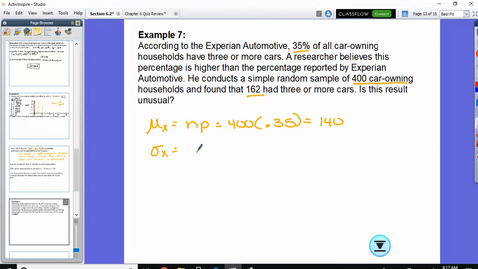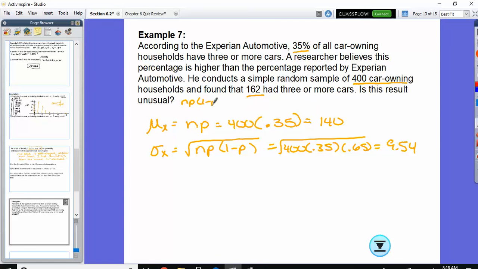Okay. Our standard deviation is the square root of n times p times q, or 1 minus p. So that would be the square root of 400 times 0.35 times 0.65, and we get 9.54. Okay.